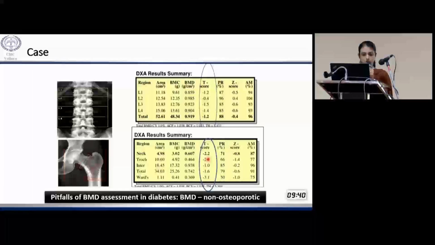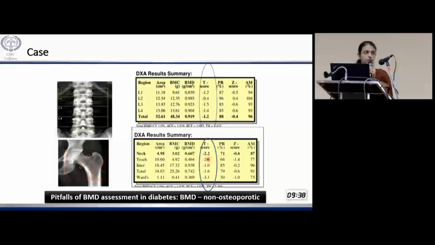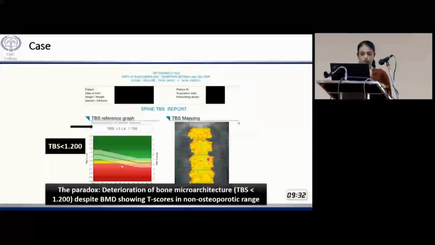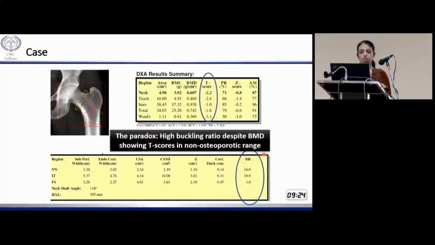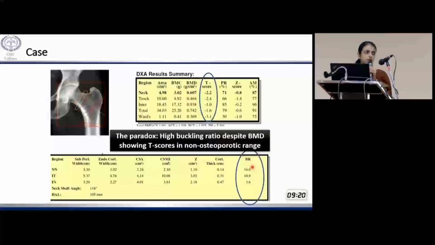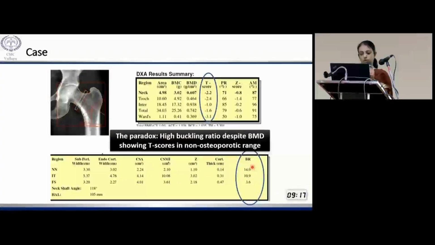And as Dr. Lakshmi mentioned, this is one of the pitfalls of BMD assessment in diabetes. Paradoxically, it appears to be good. When we looked at her TBS, it was 1.158, which is indicative of degraded microarchitecture, and her buckling ratio at the narrow neck was 14.